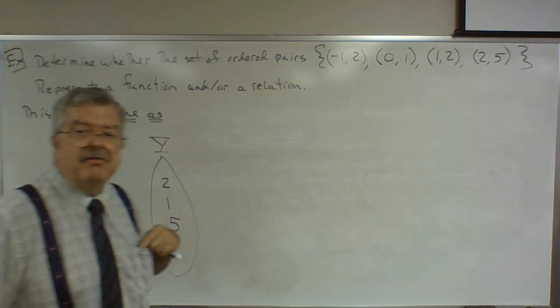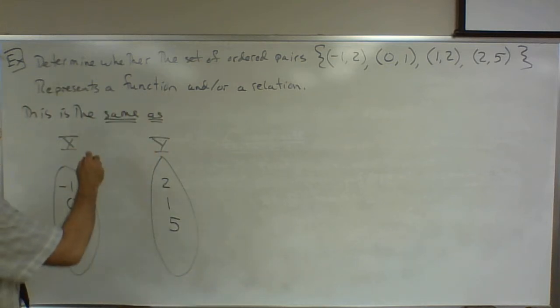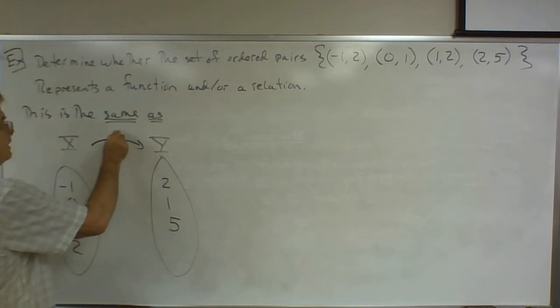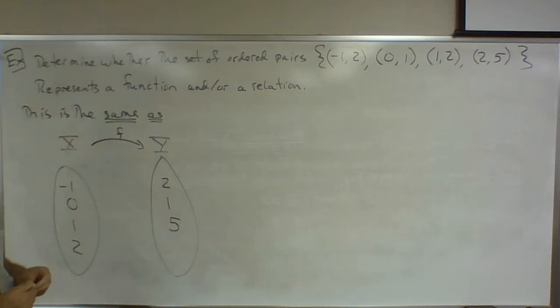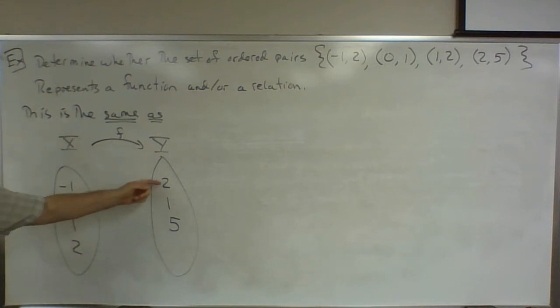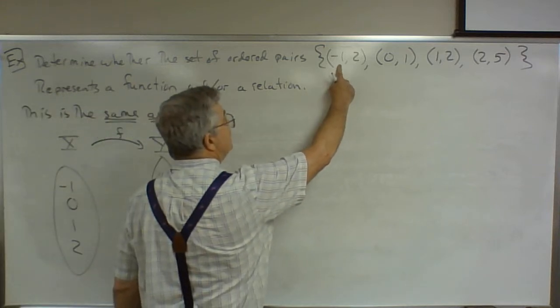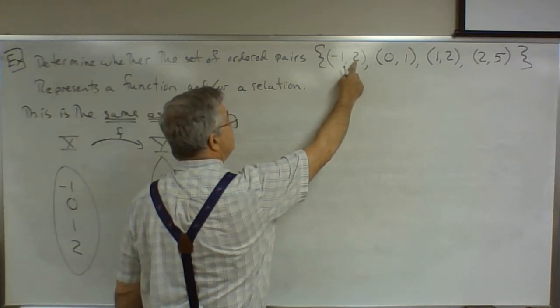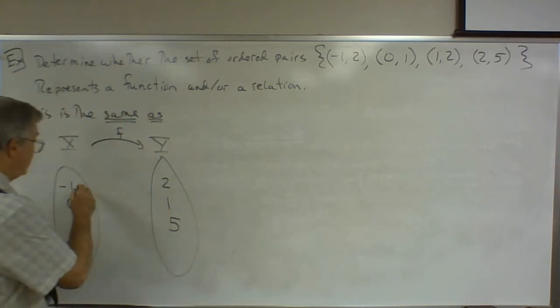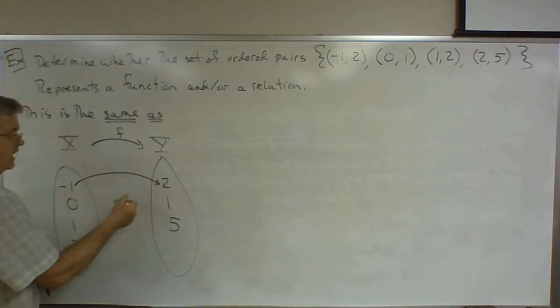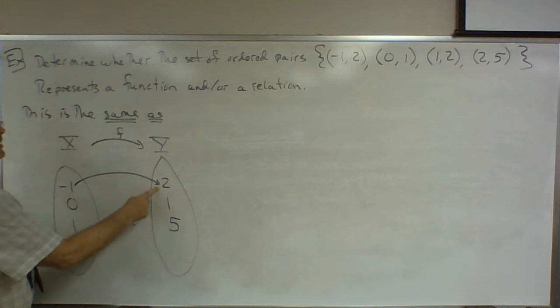But the ordered pairs tell us a little bit more. The ordered pairs tell us how the function or the relation assigns to each element of the set X at least or exactly one element from the set Y. This tells us that -1 of the domain is assigned to the element 2 from the range.